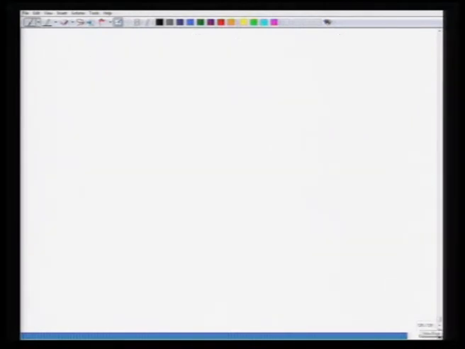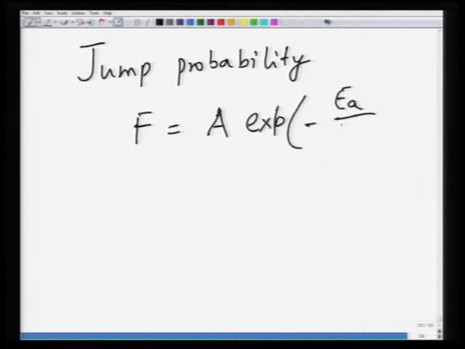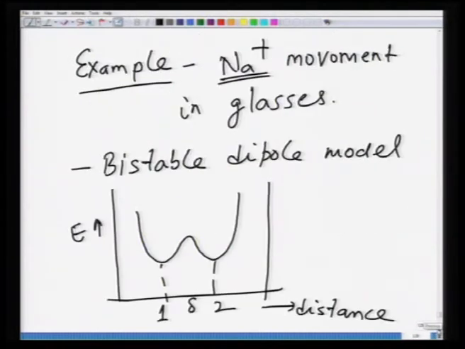This jump probability, let us say f, is defined as A into exponential minus Ea divided by kT. So, this is like an Arrhenius equation. Where Ea is nothing but this: the energy barrier which needs to be overcome for the ion to move from position 1 to position 2.